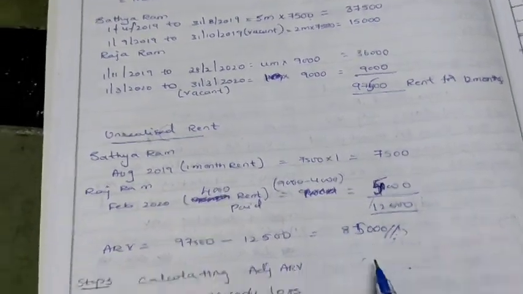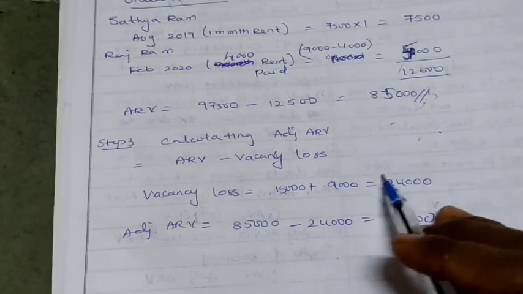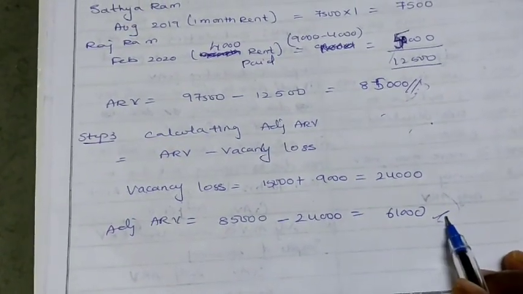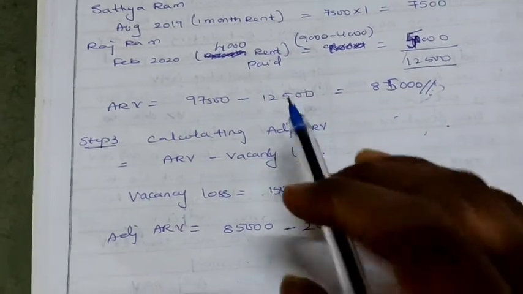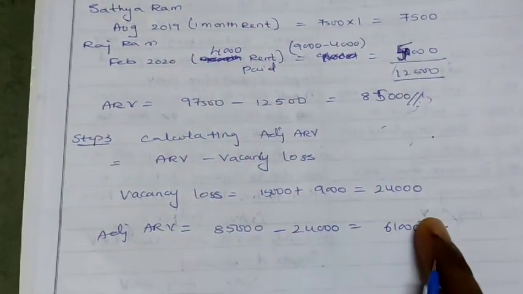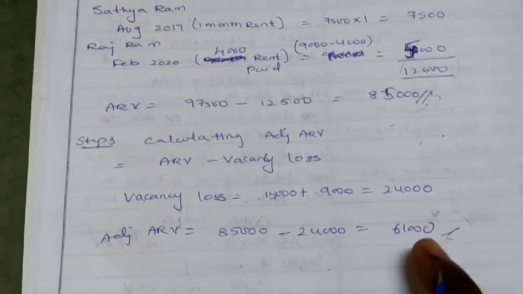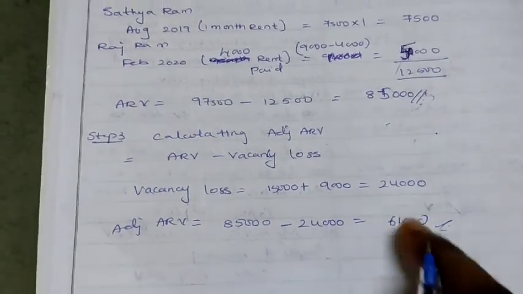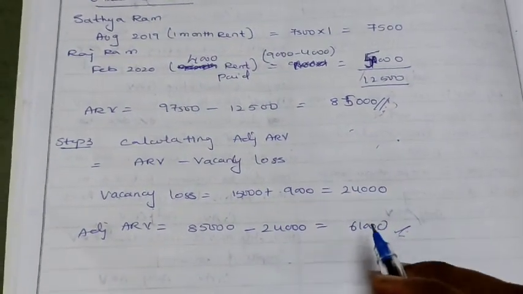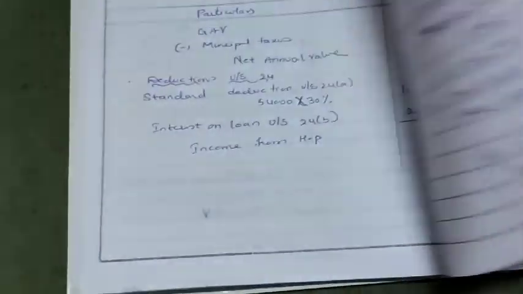But here what is happening? Due to vacancy, adjusted ARV is now 61,000. Due to unrealized rent and due to vacancy, due to both these factors, adjusted ARV is less than ERV. Otherwise, adjusted ARV would be higher. So which rule do we apply here?